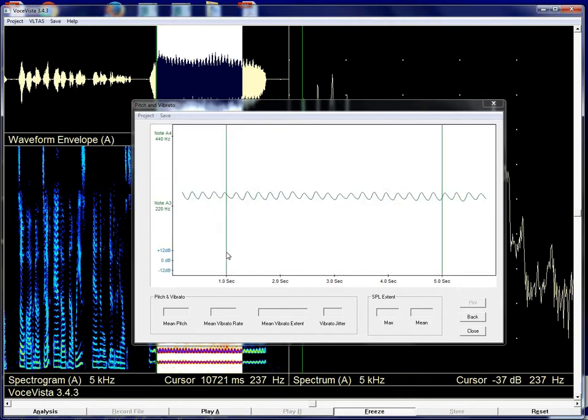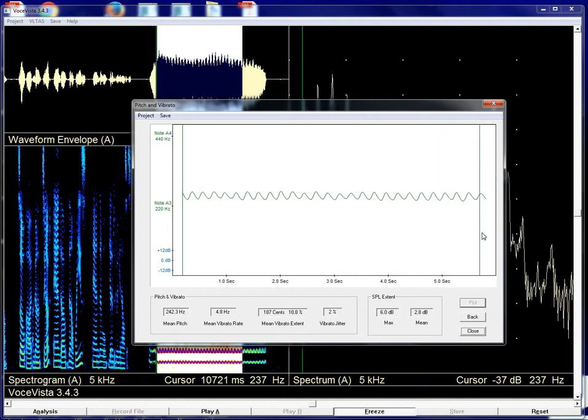Now we have an isolated version of that particular harmonic, and again we chose a higher one so that we got as good a frequency resolution as we could get. And now we don't necessarily have to worry about starting on the trough or the peak, because it's automatically assigning where the peaks and the troughs are.